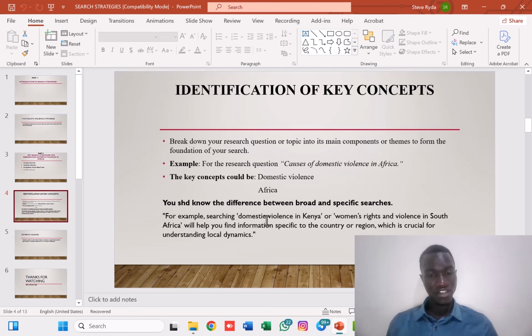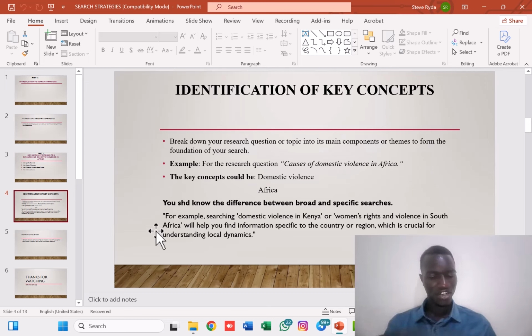For example, searching domestic violence in Kenya or women's rights and violence in South Africa will help you find information specific to the country or region, which is crucial for understanding local dynamics. Let's say you're searching about only Kenya or South Africa. It gives you a specific point to lay a foundation, to say, I'm standing on Kenya, I'm standing on South Africa, and talk about domestic violence in that area.